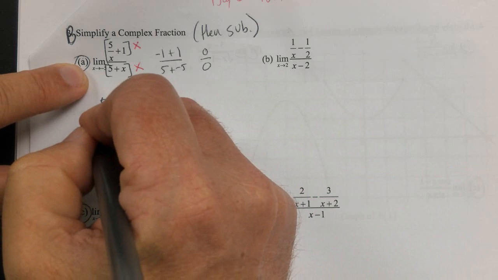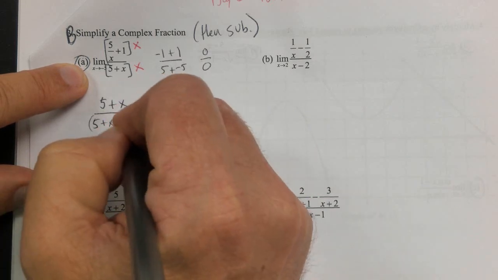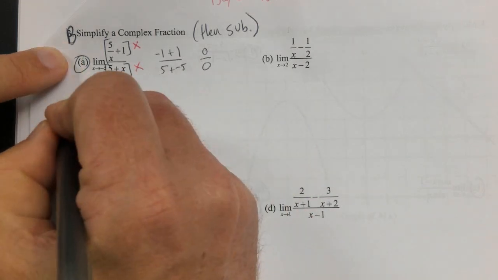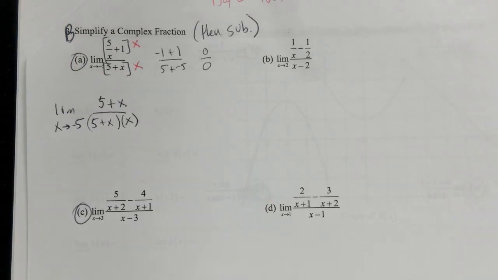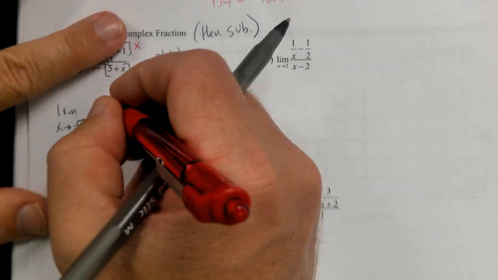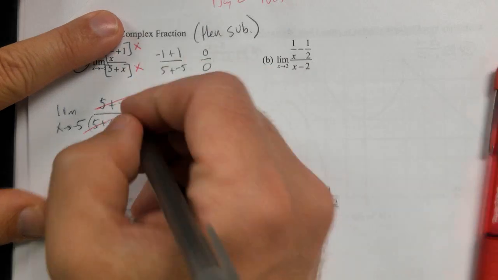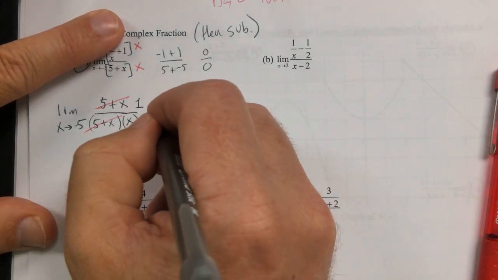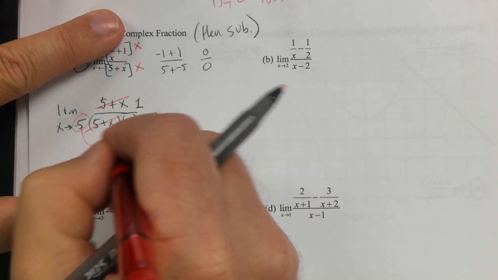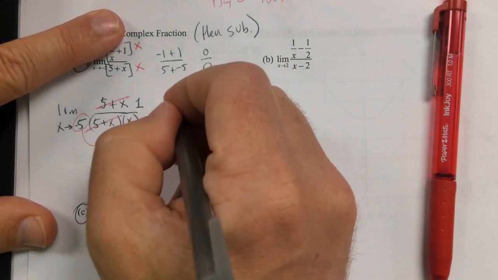I'm peeking ahead here. I don't think I want to multiply in the bottom. I think I just want to leave it 5 plus x times x. Oh, that's convenient. The 5 plus x's will go away. There's still a 1 in the top, right? Don't forget that. So I substitute again, and I get -1/5.